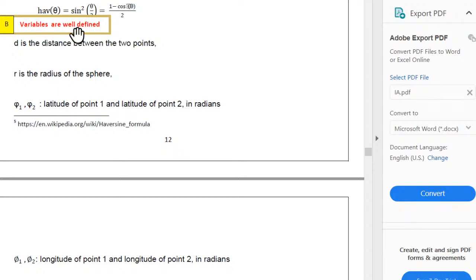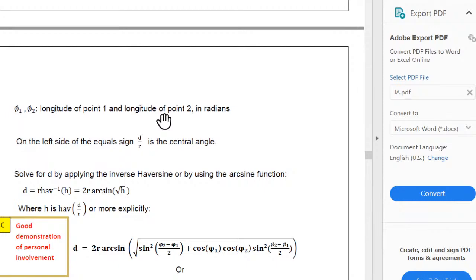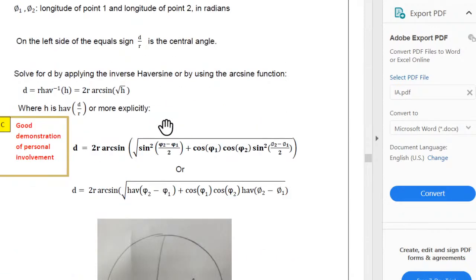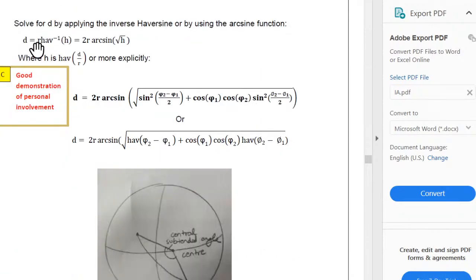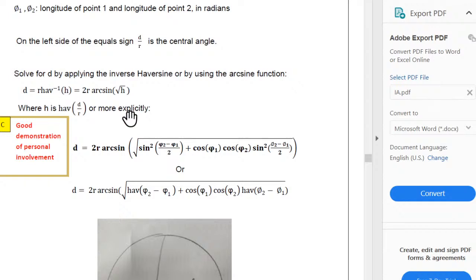Very nice to define the terms. It's very good effort to define these terms. Very clear. It's like a straight line distance or a surface distance. Good notation, good personal involvement.